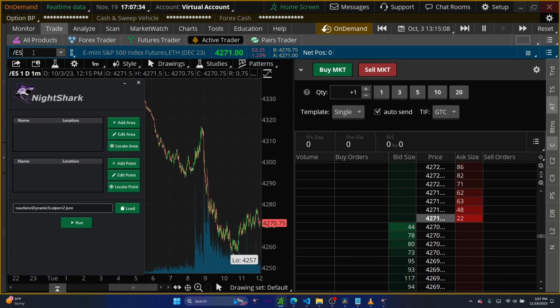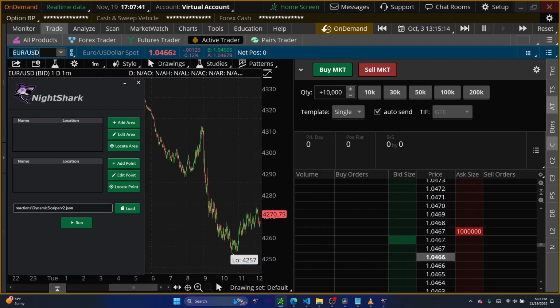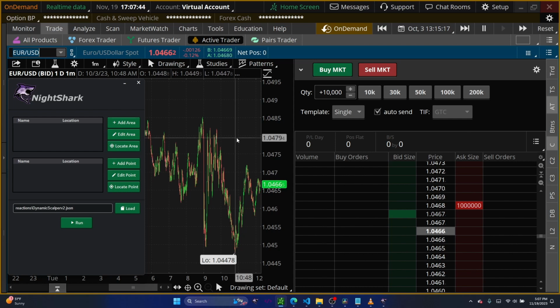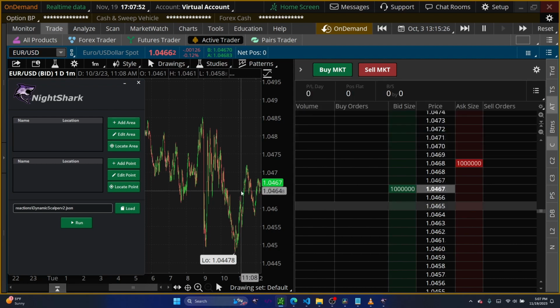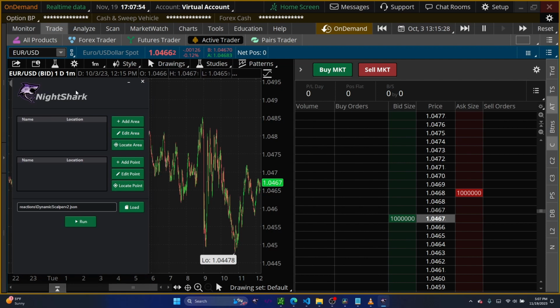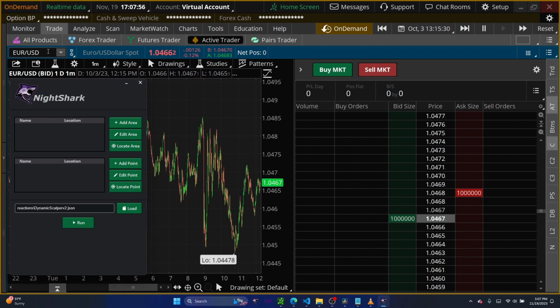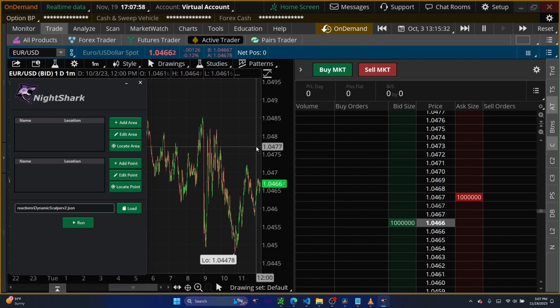But for this example, I wanted to show you the forex market, Euro USD. This is primarily because the shorting availability is really defined on the Euro USD, because dynamic scalper also involves a lot of the shorting aspect of the trade. But anyway, you can definitely trade whatever you like.